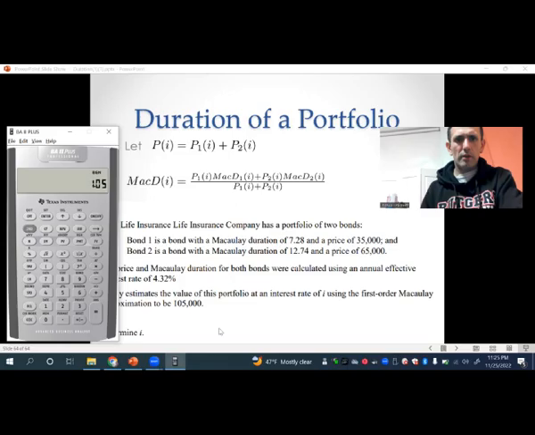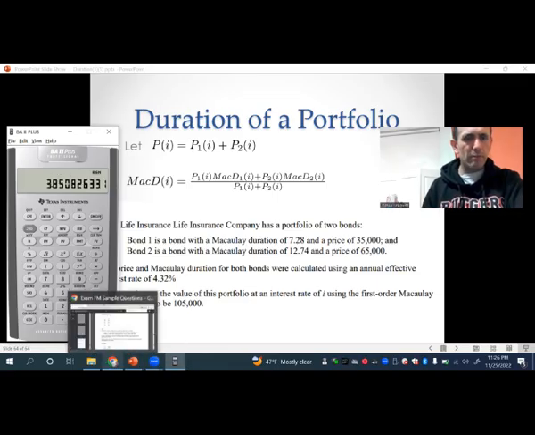Okay, so let me go to the calculator. I have 1.05 raised to the 1 over 10.824, not 14. 1 over that, times 1.0432, and subtract 1 to get i, and make it a percentage. 3.85%.